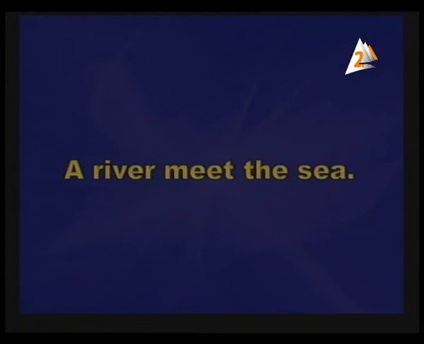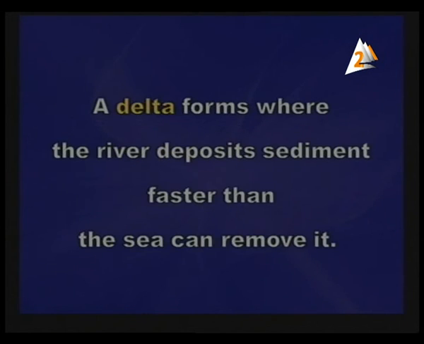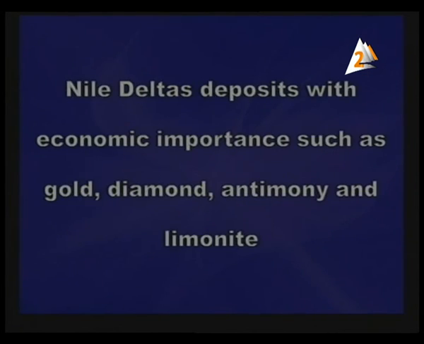A river meets the sea. A delta forms where the river deposits sediments faster than the sea can remove them. Nile deltas, as an example, have deposits with economic importance such as gold, diamond, antimony, and limonite.